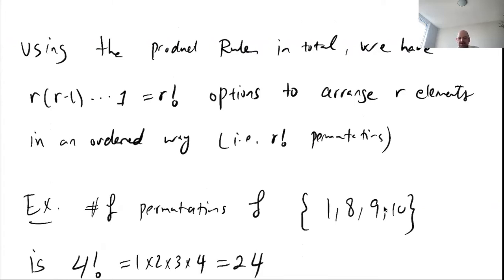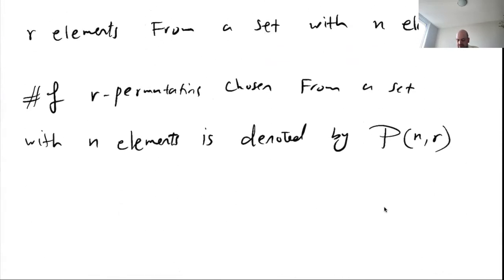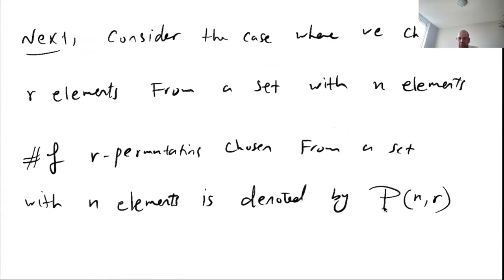Now, let's say we have a set with 4 elements, and I want to permute 3 objects chosen from these 4 elements. So this is the difference. Previously we were not choosing any elements, we were just changing the order, right? But we were listing all the elements of the set. But here we have a set with N elements and we want to choose R of them first. And then of course, we have to order those R elements as well.